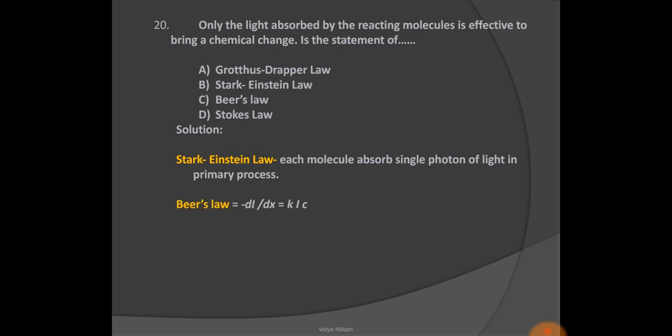Minus dI by dx is equal to k into I into C. That is, when a beam of monochromatic radiation passes through a solution of absorbing medium, then the rate of decrease of intensity with respect to thickness of absorbing medium is proportional to intensity of incident radiation as well as concentration of absorbing solution.